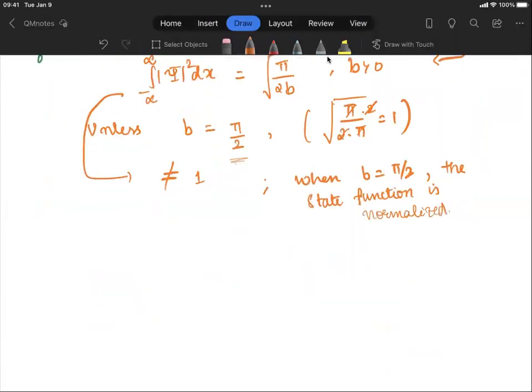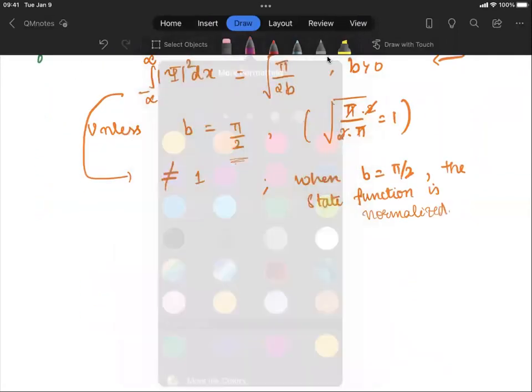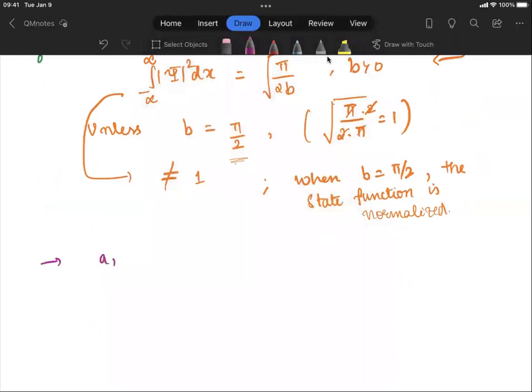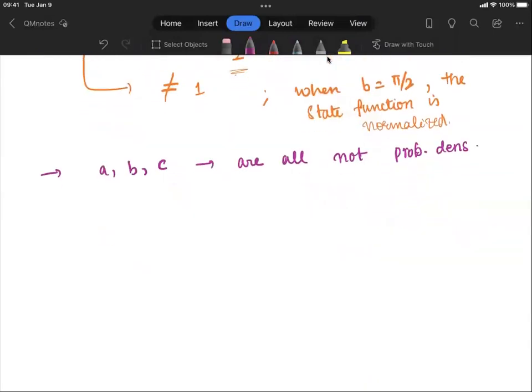So I would say the answer to this question would be that A, B, and C are all not good examples of probability density functions. And the important conditions that we need to keep in mind for a probability density function is that it has to be real, and it has to be non-negative, and it has to be normalized.